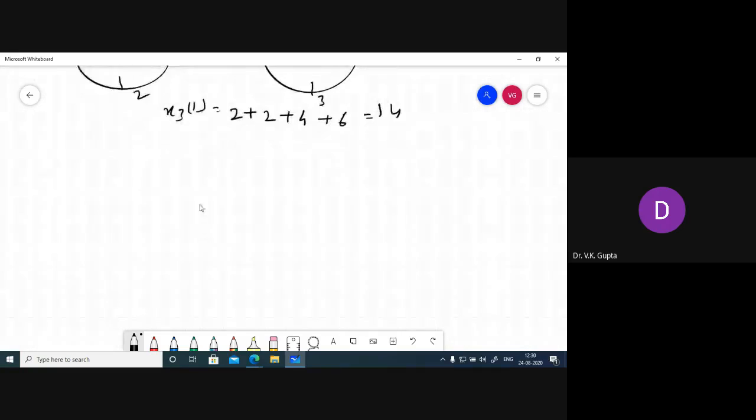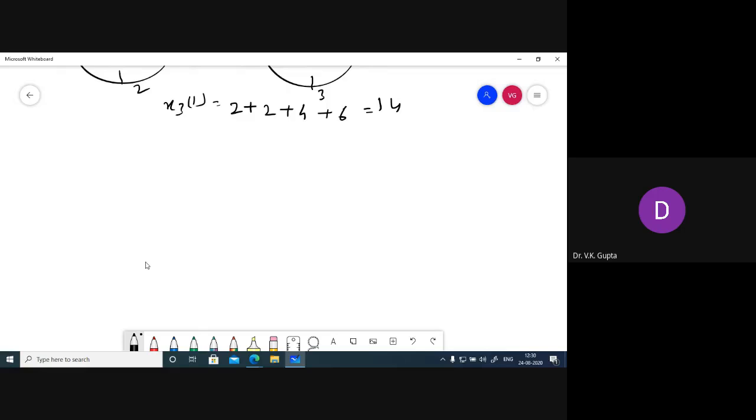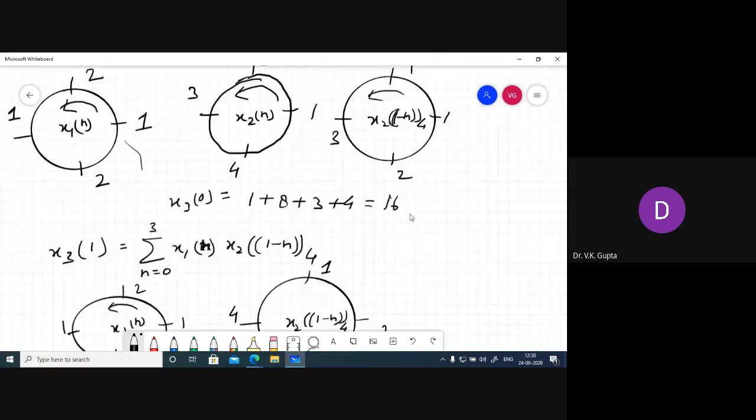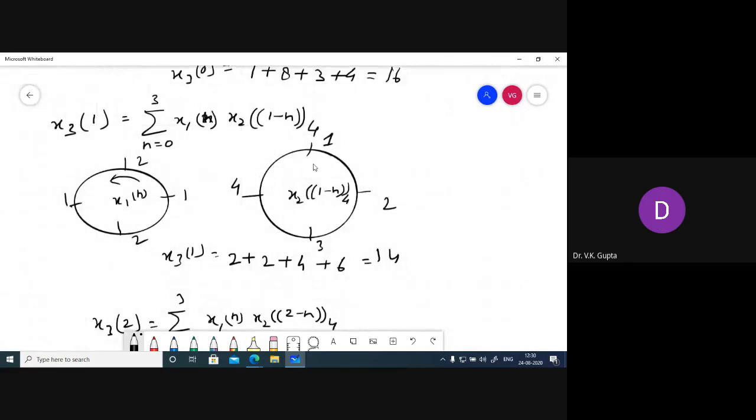Similarly, the value of x3(2) is sigma n equal to 0 to 3, x1(n) x2 of (2 minus n) modulo 4. This means x2 is shifted by 2 units. Here the shifting was 1 unit, and it is again shifted by 1 unit, giving x2 of (2 minus n).